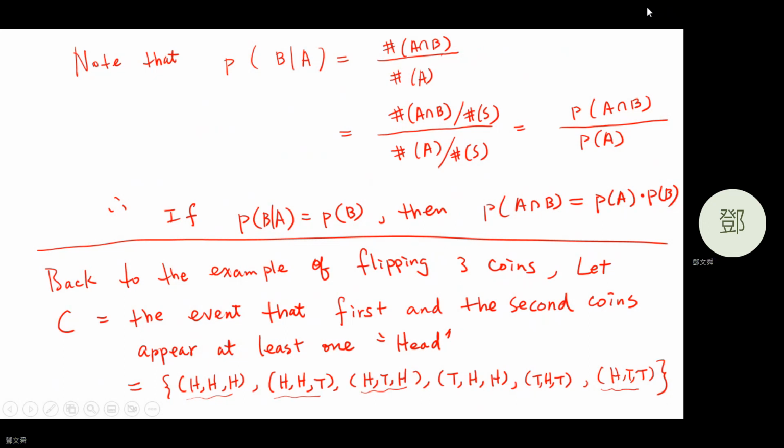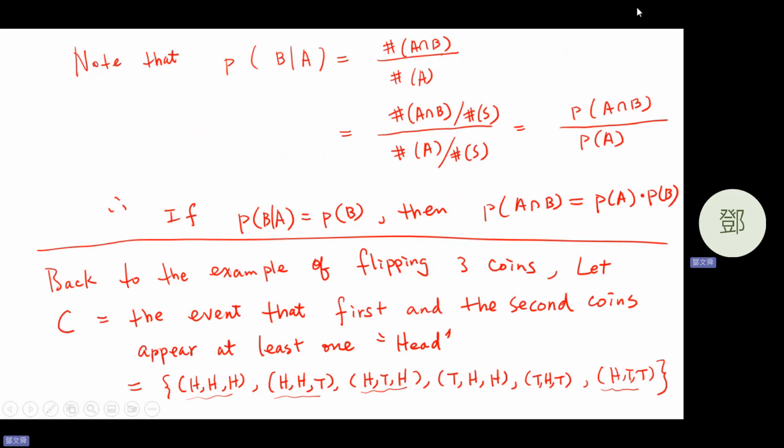So if they are the same, then the probability of A intersection B should be equal to PA times PB. Understand? So here we have the third way to define independence.